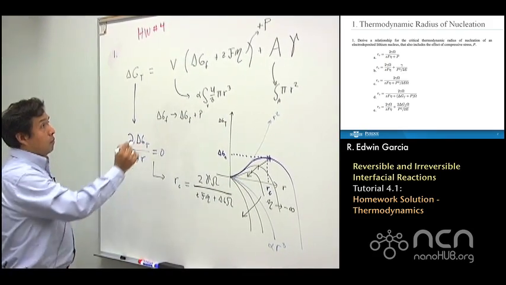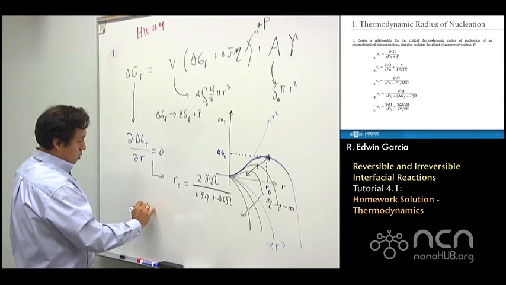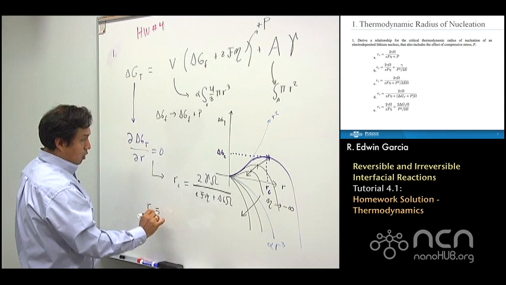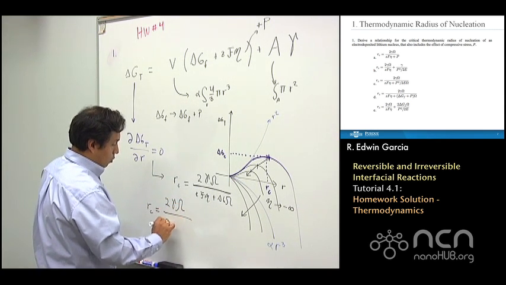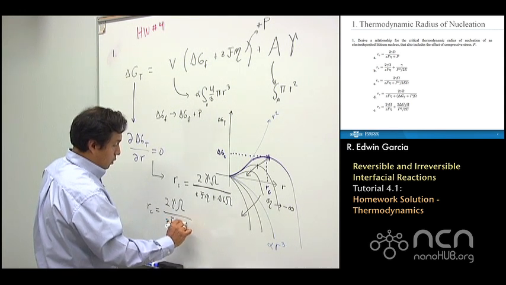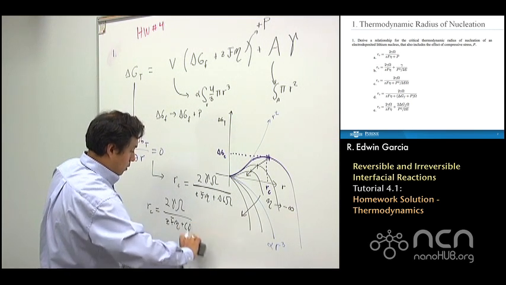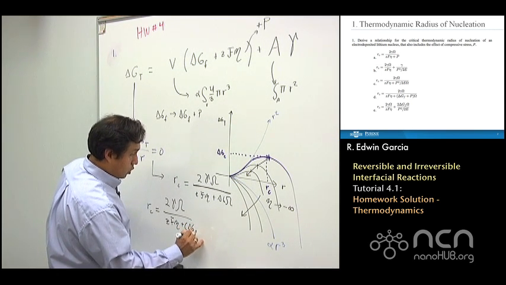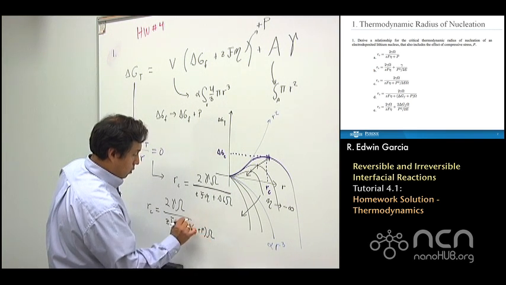So the solution following the same steps corresponds to RC equal to 2 gamma omega over ZF eta plus delta GF plus P omega.